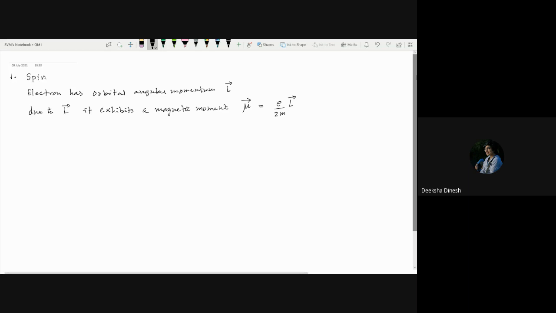But it is observed that electron also has an intrinsic magnetic moment.